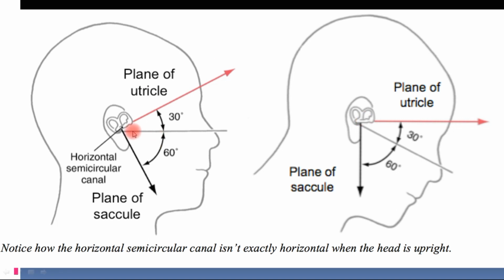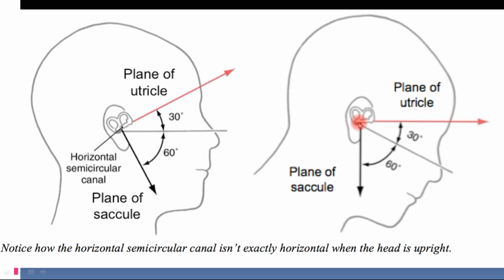When the head is straight, this horizontal semicircular canal is at 30 degrees with the surface of the earth. Whereas if our head is bent 30 degrees downwards, then this horizontal canal comes parallel to the surface of the earth.